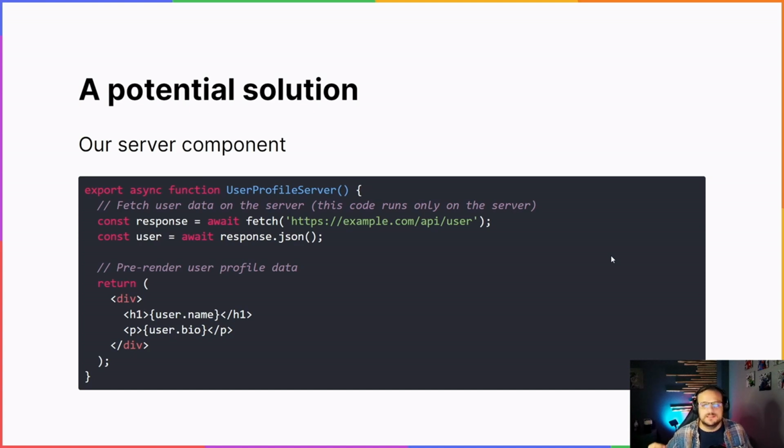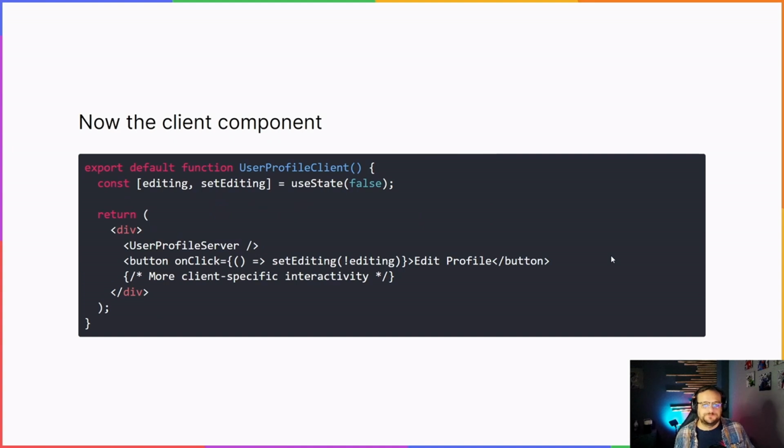So that query is executed within the server, the data is received within the server, and the HTML is also generated inside the server. You don't see any client-specific code here, and we'll get into that down the line as well. But the point is that this server component is performing the data fetching and pre-rendering of the static portion of the component. We then can use this component within a client component, like we see here, and the client component would fetch a pre-rendered version of our profile.